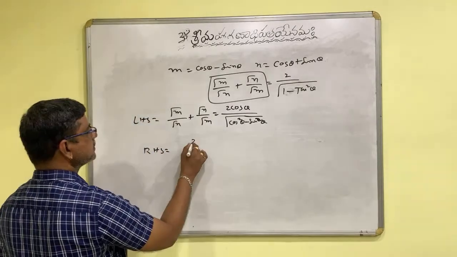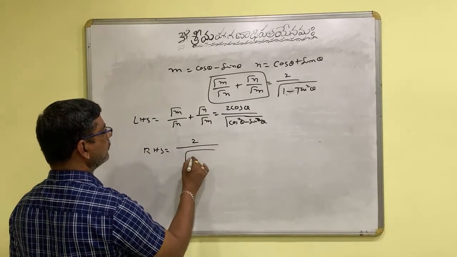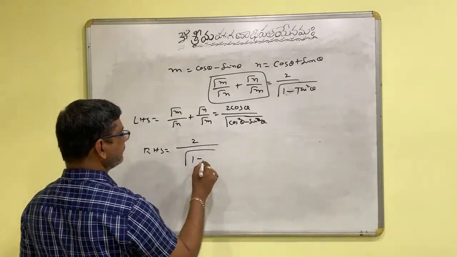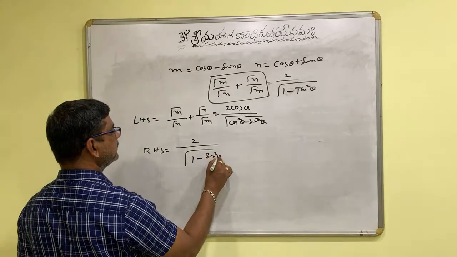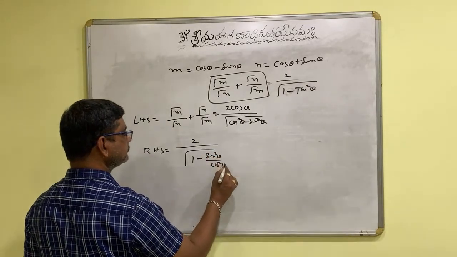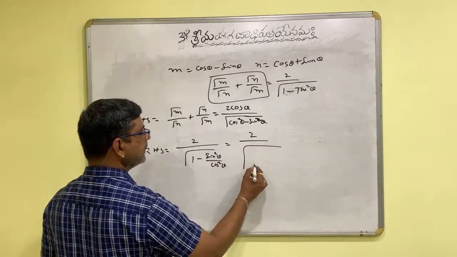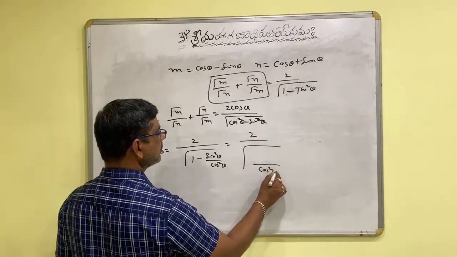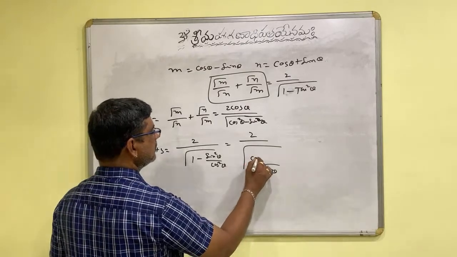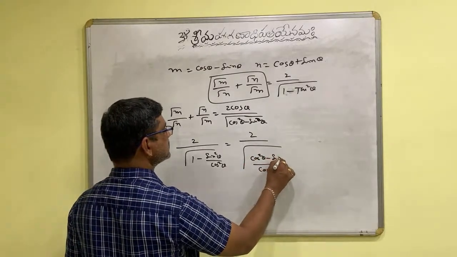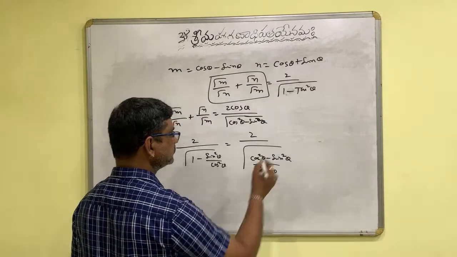What is RHS? 2 by root over 1 minus, instead of tan square theta, I will write it as sin square theta by cos square theta. 2 by root over, if I take LCM, cos square theta, what will I get here? Cos square theta minus sin square theta.